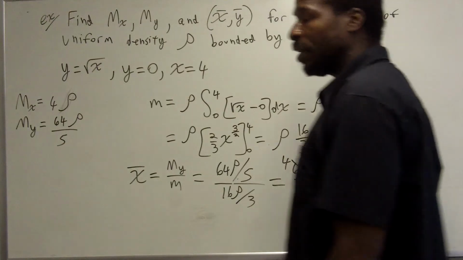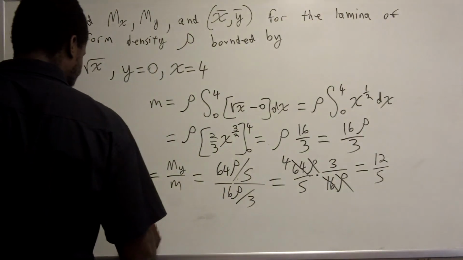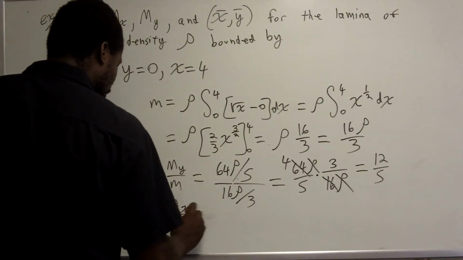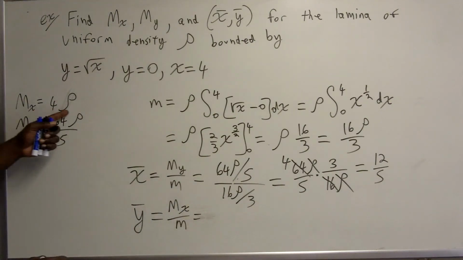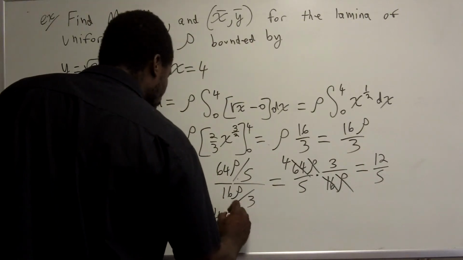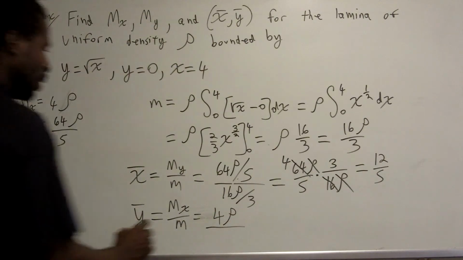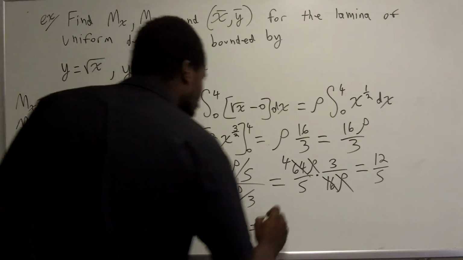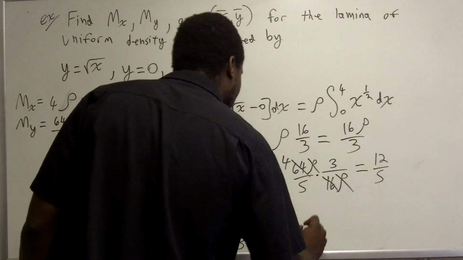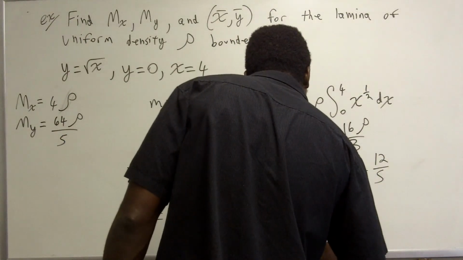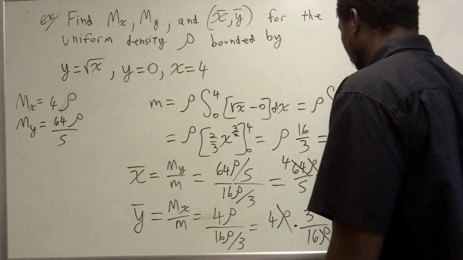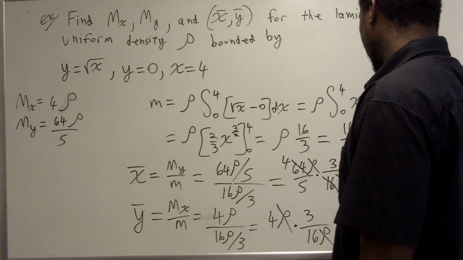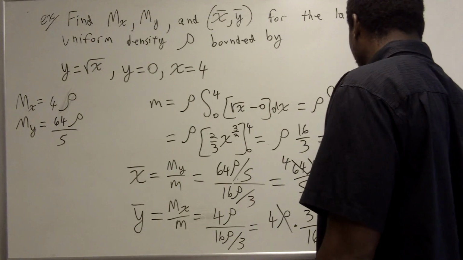So x bar is 12/5, and to find y bar, I do the same thing. Y bar is equal to Mx over m, which in this case, Mx is 4 rho, and m is still 16 rho over 3, so I get 4 rho multiplied by 3 over 16 rho, in which case the rhos cancel out again, and 4 goes into 16 4 times, so this is 3 over 4.